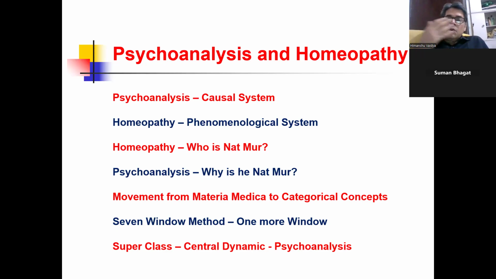If you have a room of 7 windows, add one more window, of psychoanalysis. And second, apply psychoanalysis to these categorical concepts. The way we can start off is to apply it to the periodic table and see what insights come out and how the two can enrich each other, psychoanalysis and homeopathy.